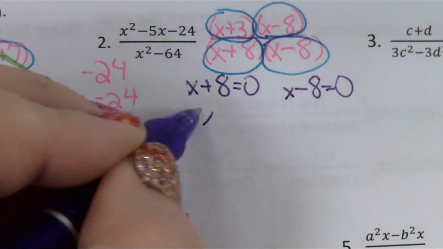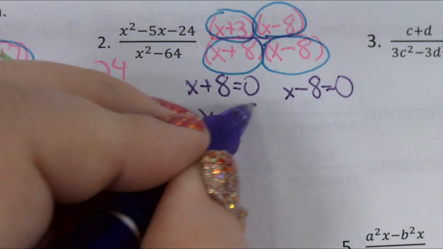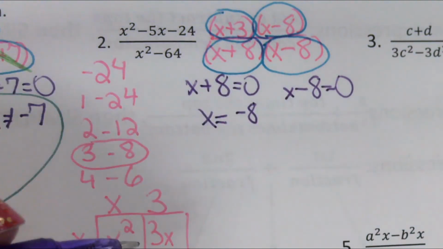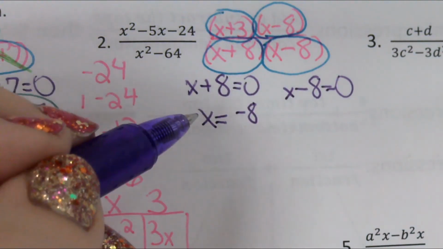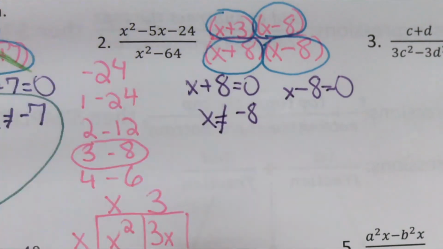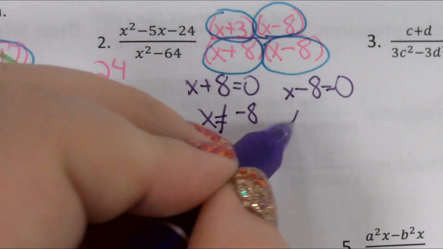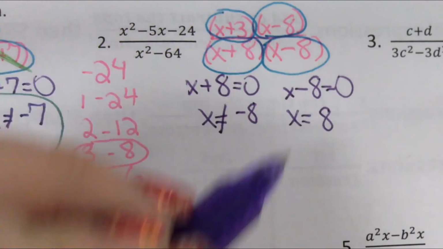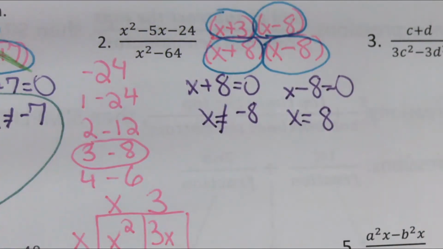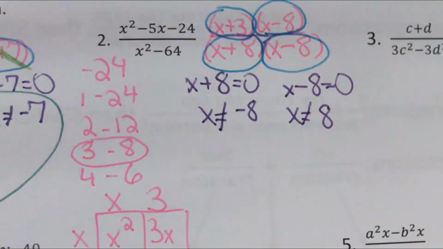And I get that if x was negative 8, I would have an undefined expression, so we're going to exclude that value. Adding 8 to both sides means that if x was positive 8, then I would get 0 in the denominator. So we're going to go ahead and exclude that value.